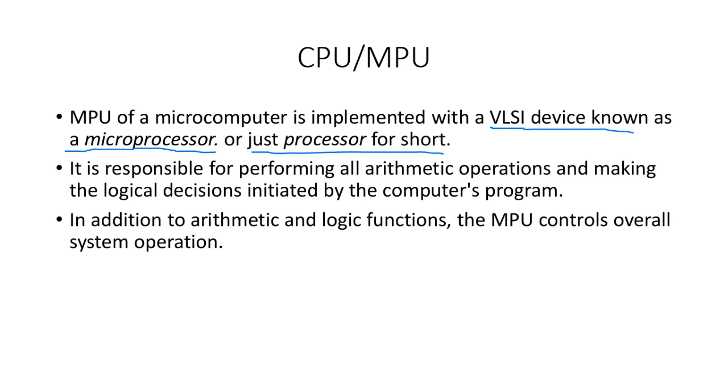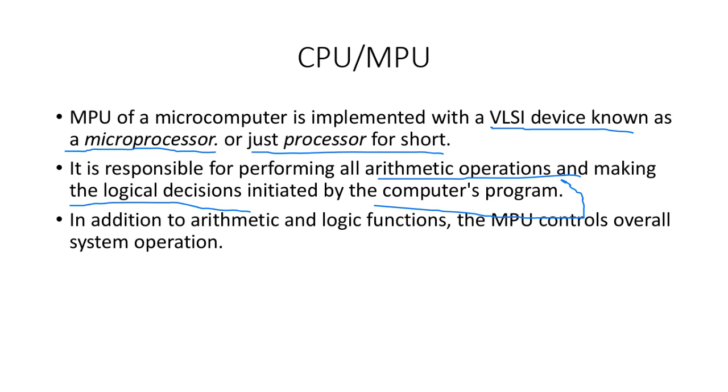It is responsible for performing all the arithmetic operations and making all the logical decisions initiated by the computer's program. In our program we have to do many arithmetic operations: addition, subtraction, multiplication, division. Sometimes we have logical operations, like if it is this, do it, otherwise do other things. These are the logical decisions, right? All of these are performed by the CPU microprocessor.